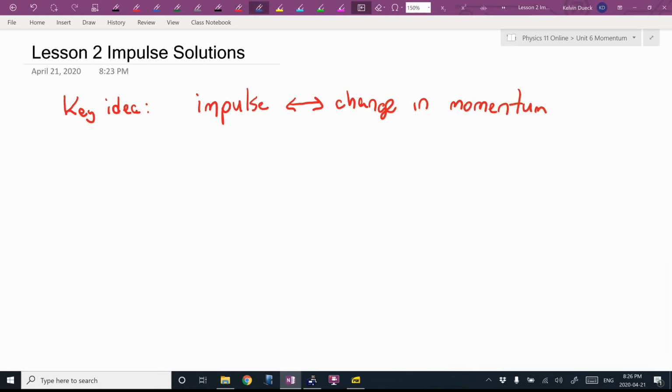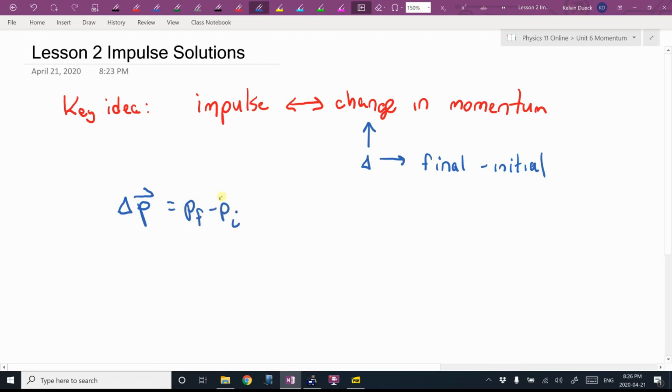And because the symbol for change in is delta, and change in anything is always final minus initial, then the impulse, the change in momentum, can be calculated by going final momentum minus initial momentum if you happen to know both of those.